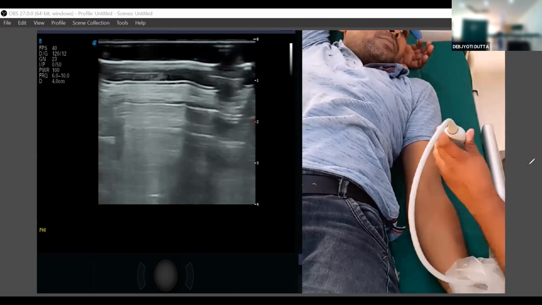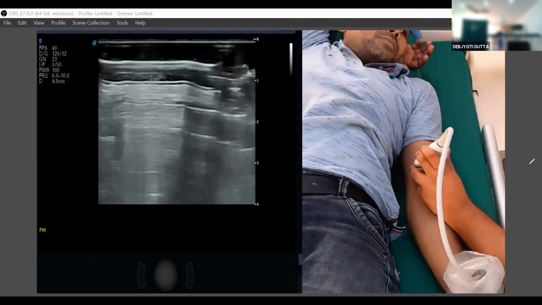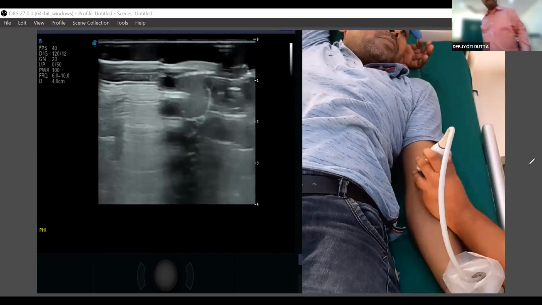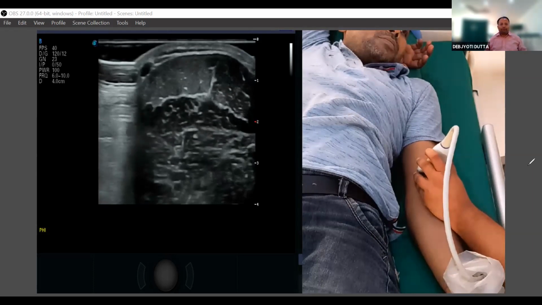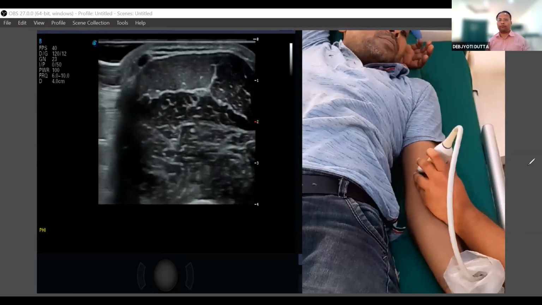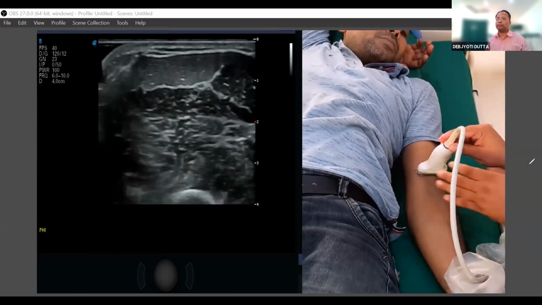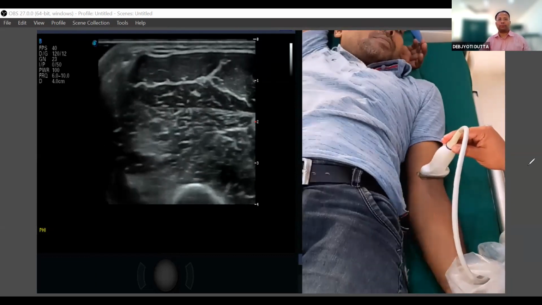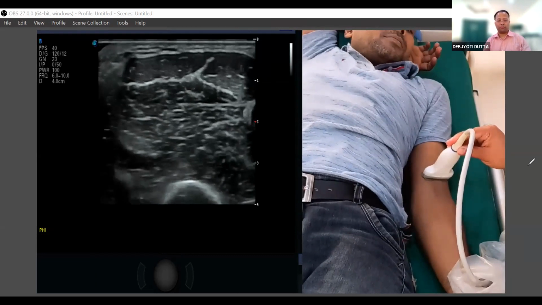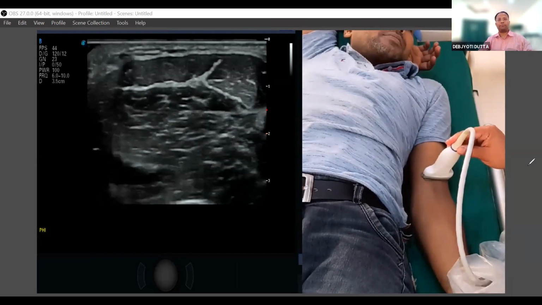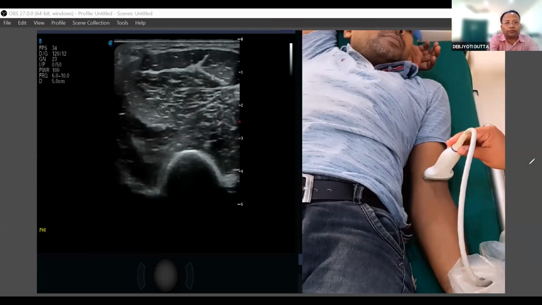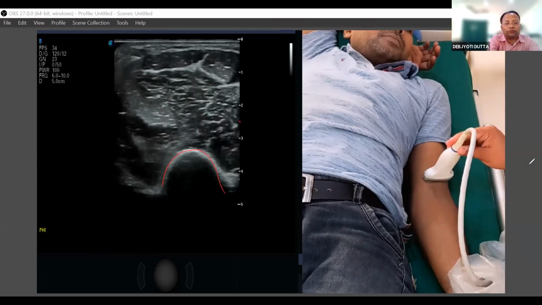We need to start from the lower part of the humerus, then it is easier. Can I see the probe? It is difficult because you are seeing more of my hand, so I am holding it like this. So this is how you should start. I have not done anything, I have just put the linear probe. And now you are able to see one bone at the lower portion.